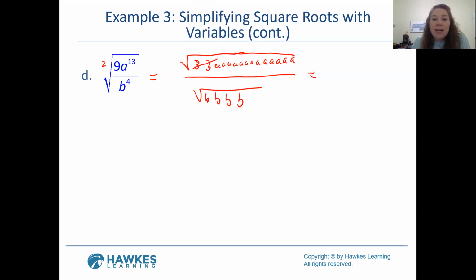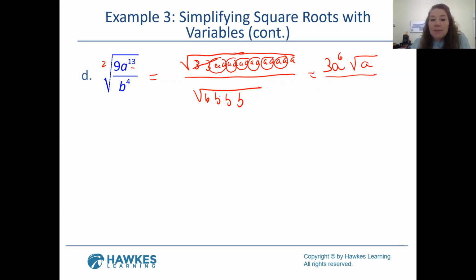So square root of 9 is 3. We get to circle 1, 2, 3, 4, 5, 6. So doesn't 2 times 6 equal 12? And there's 1 left over. So 6 represents 12. And there's 1 A left on the inside.